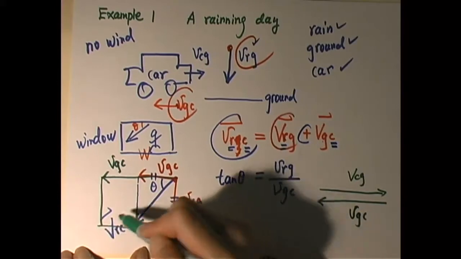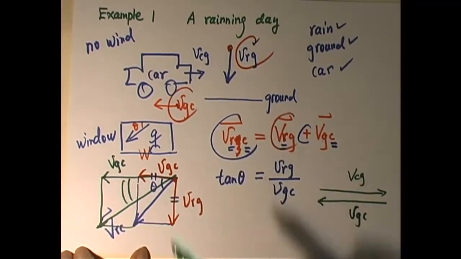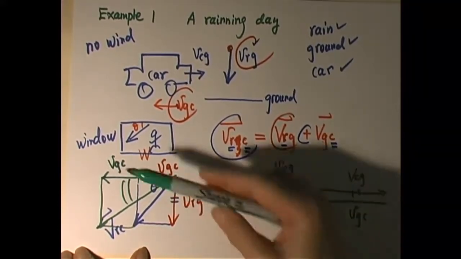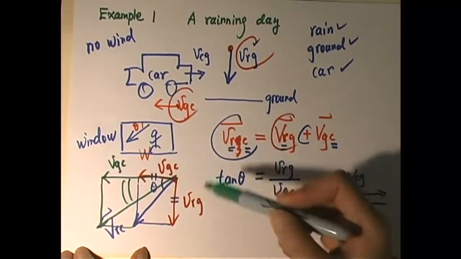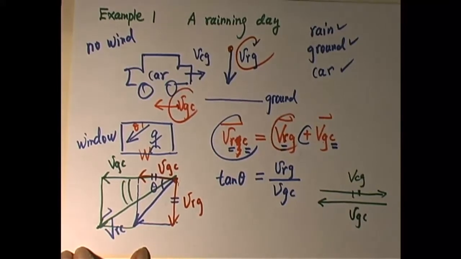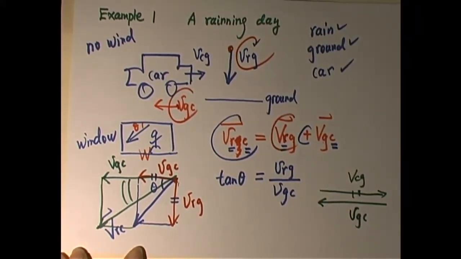This parallelogram will be this. Your diagonal now will be that. Now the angle gets smaller. The faster you travel, the longer the vector V ground to the car gets, while this part remains constant. Don't you think angle theta will get smaller? That's why when you travel faster, you will see the angle smaller.